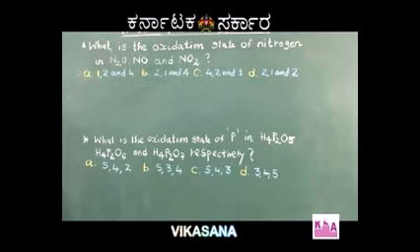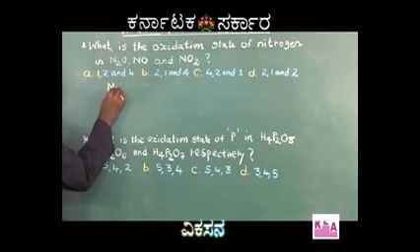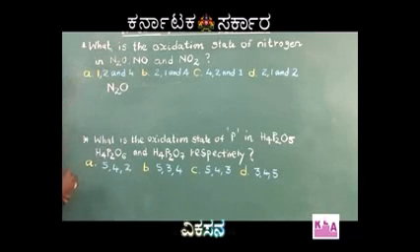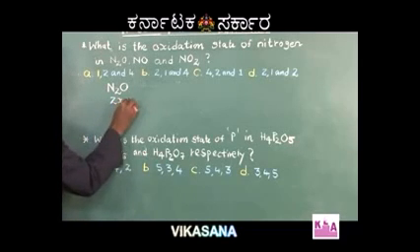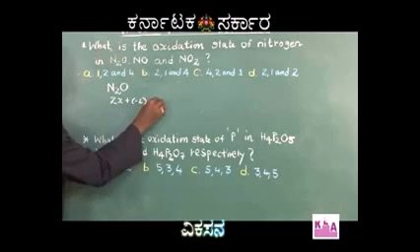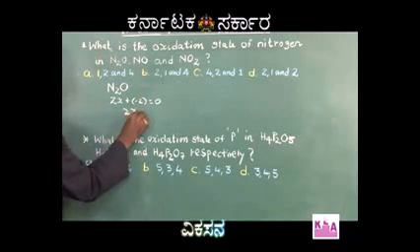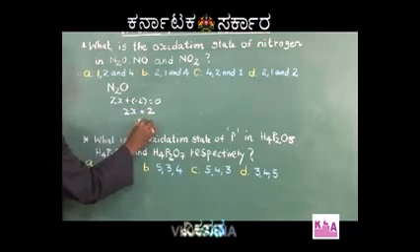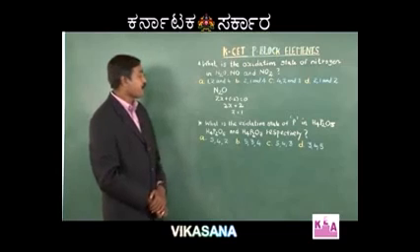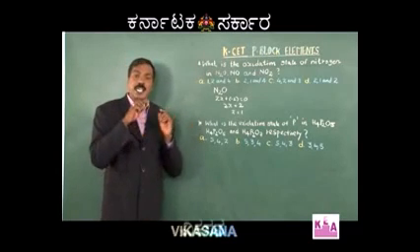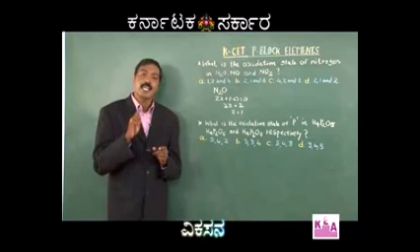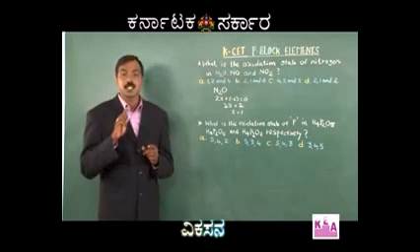So let us categorically work this. If I happen to calculate the oxidation state of N2O, the unknown element here nitrogen, I write it as 2x plus -2 is equal to 0, 2x is equal to 2, x is equal to 1. From this, I understand that in one of the options that I have, the first answer should be +1.